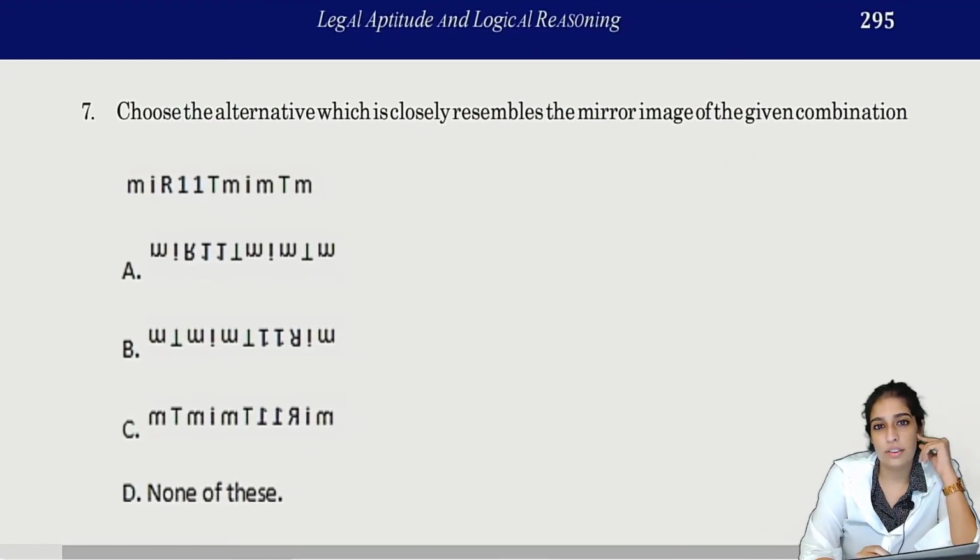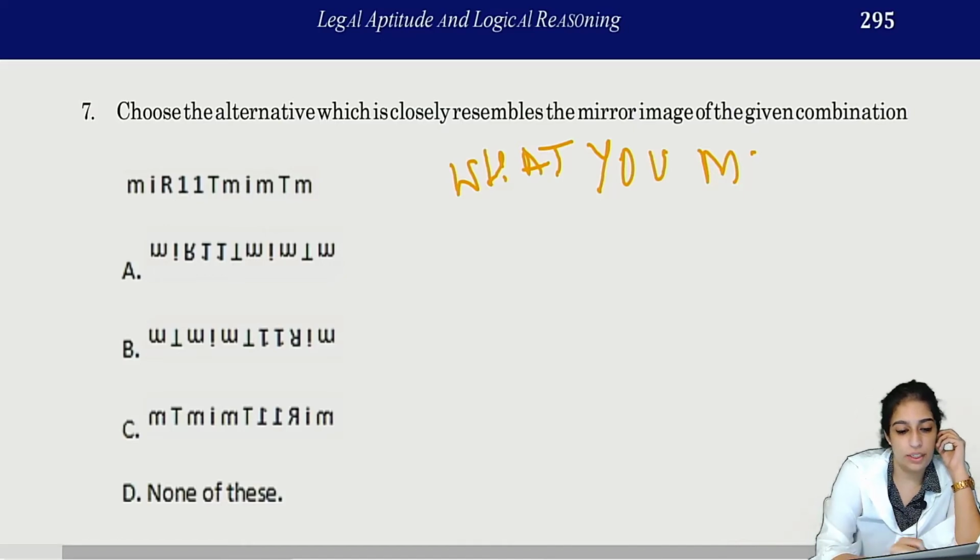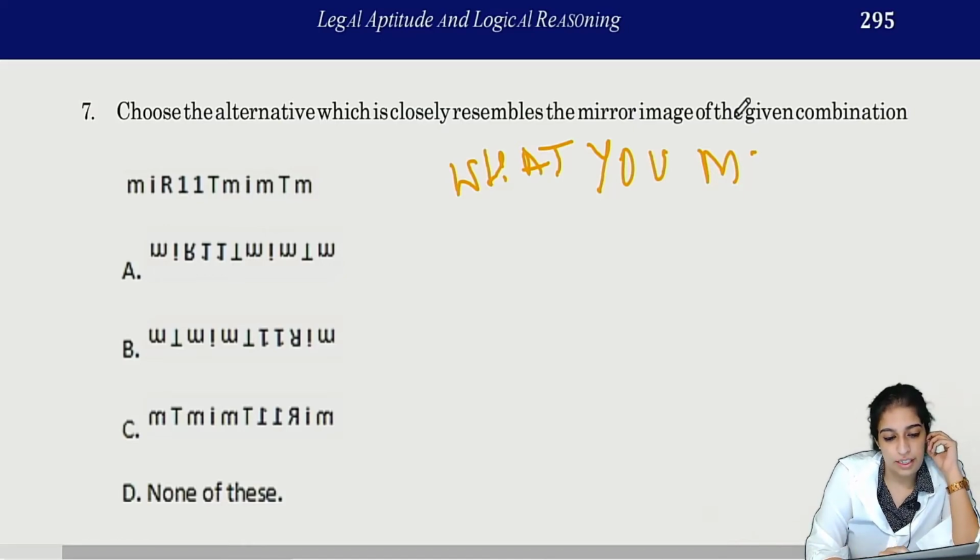Okay, now okay, M does not change in the mirror, M does not become W. ओके उल्टा नहीं होता है, सिर्फ लेफ्ट का राइट होता है. ओके सो इफ इट इज M in the start, it should end with a M only.